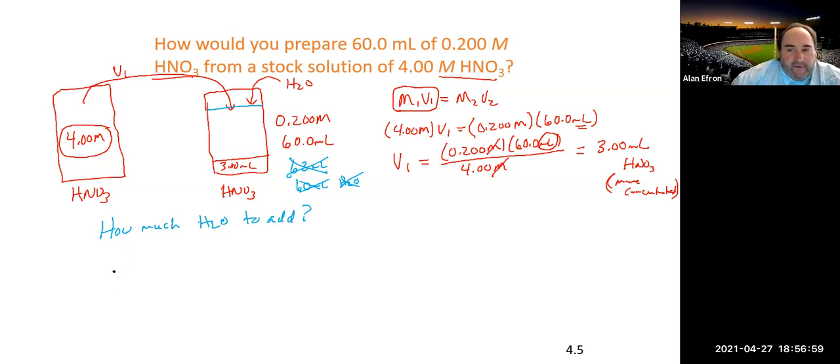So usually the volume of water is V2, which is our final volume, minus V1, which is how much we took out. In this case, that would be 60 milliliters minus our 3 milliliters. Tells me that I need to throw in there about 57 milliliters of water.